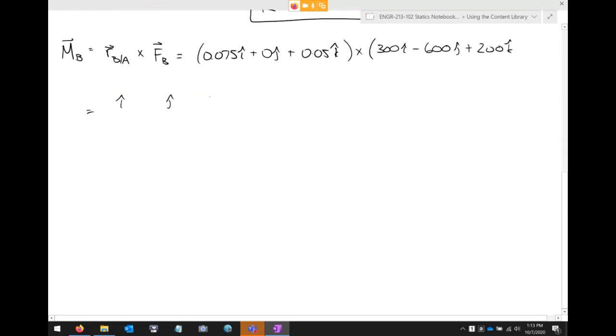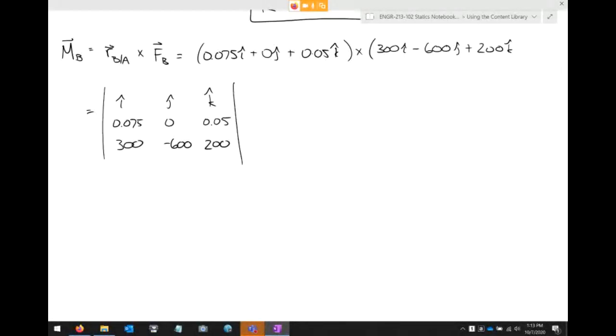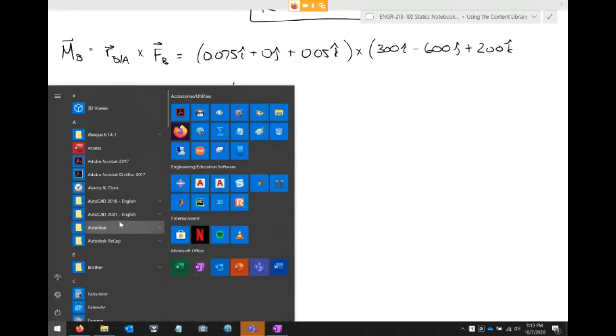I, J, K, I'm going to have 0.075, 0, and 0.05, and then 300, minus 600, and 200. And I'm going to have to evaluate this, and then evaluate it for the C force and the D force. Admittedly, it's not hard; it's just a lot of grunt work. But this is where your Casio can really help you out.